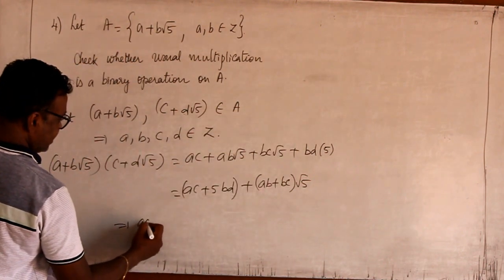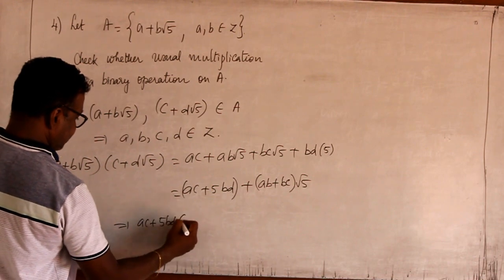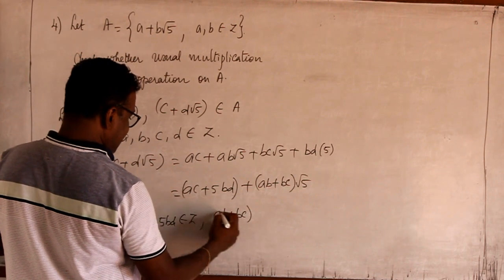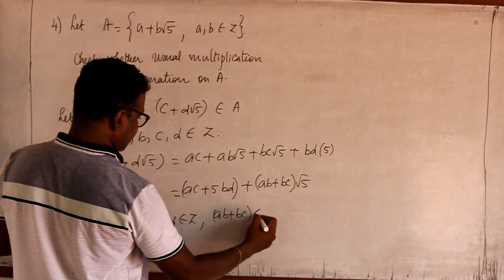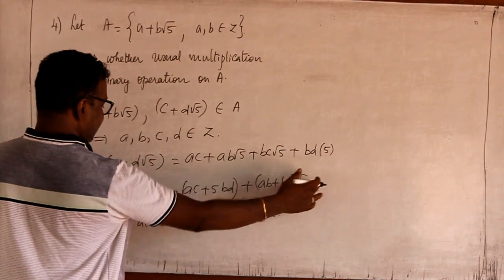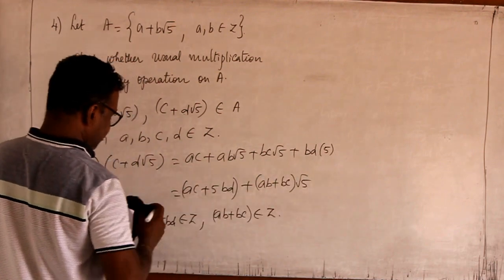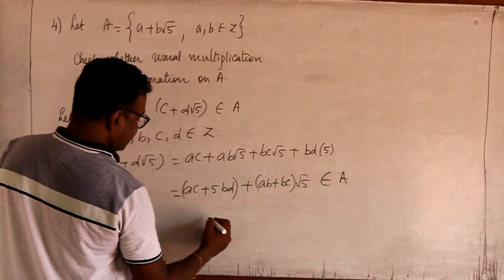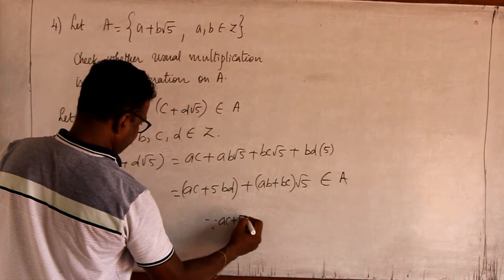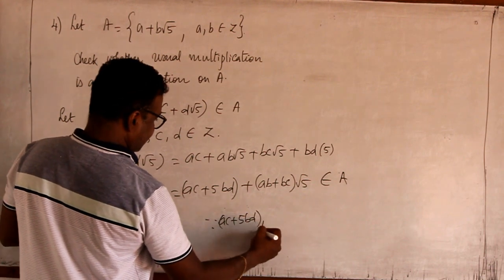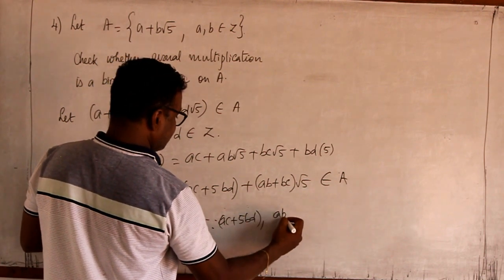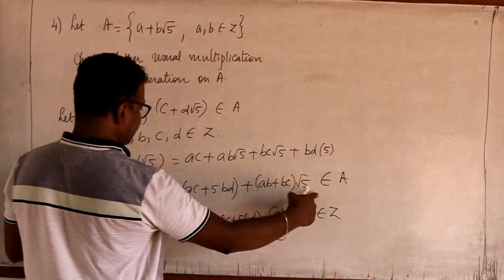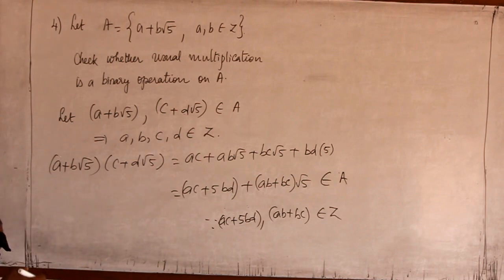This implies AC plus 5BD belongs to Z. Comma, AD plus BC are all additions and multiplications of integers, so definitely they belong to Z. So as a whole, this belongs to A, since AC plus 5BD, comma, AD plus BC also belong to Z. So this multiplication will definitely exist in A.